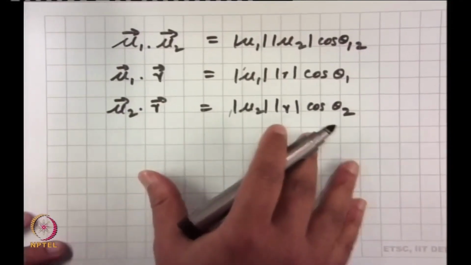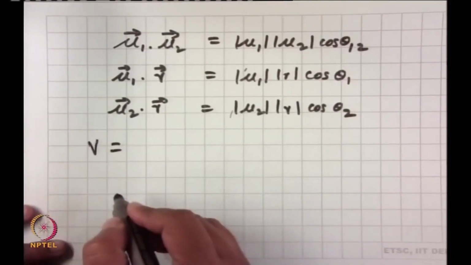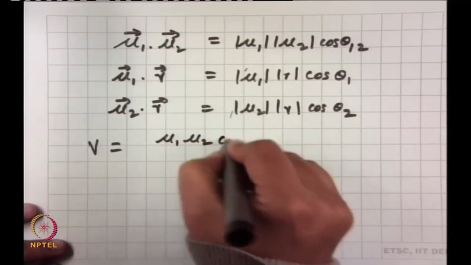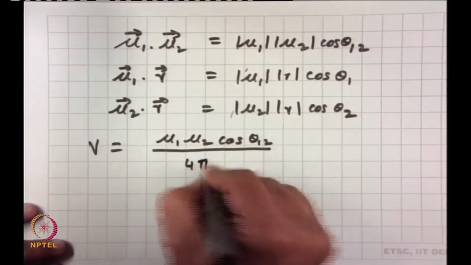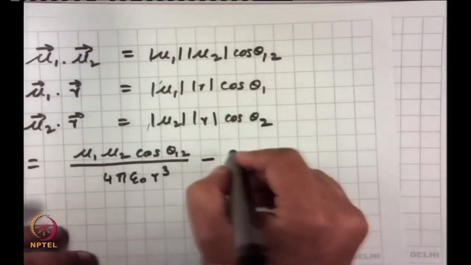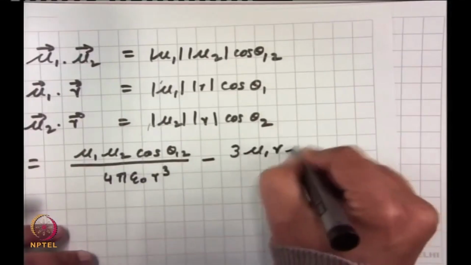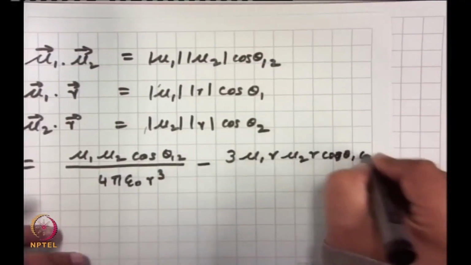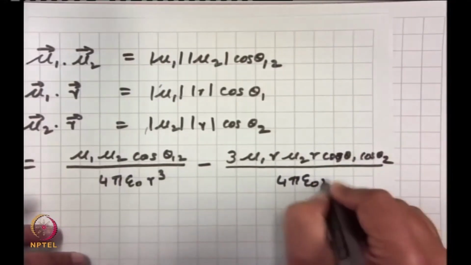See, if I put this back into my original expression, then I have V is equal to mu 1 mu 2 cosine of theta 1 2 over 4 pi epsilon 0 r cubed, and the next term then becomes 3 mu 1 r mu 2 r cosine of theta 1 cosine of theta 2 over 4 pi epsilon 0 r to the power 5.